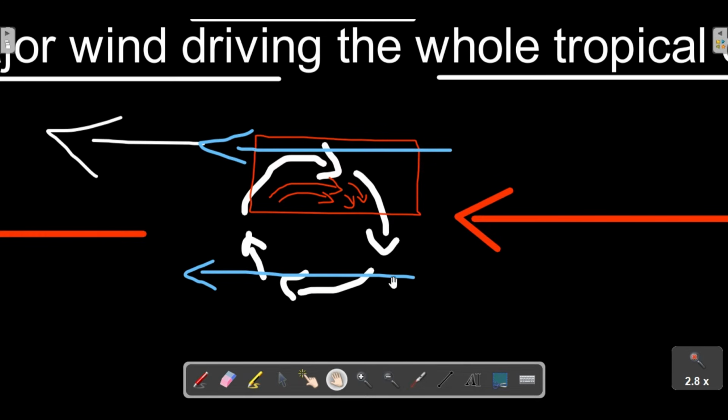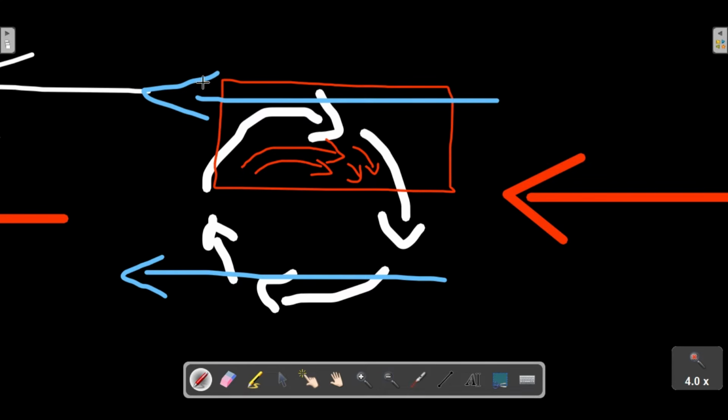So the winds that are responsible for moving this tropical cyclone towards the west are moving in the opposite direction as the rotating winds inside the tropical cyclone.